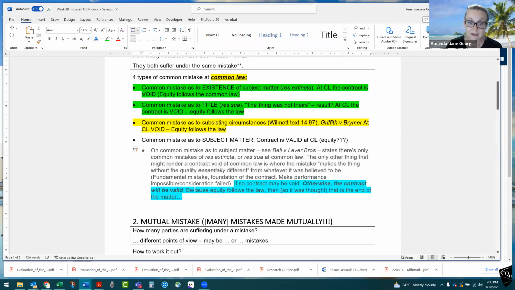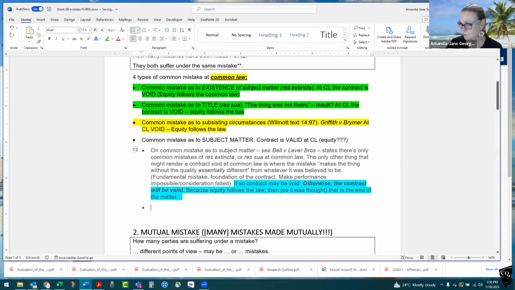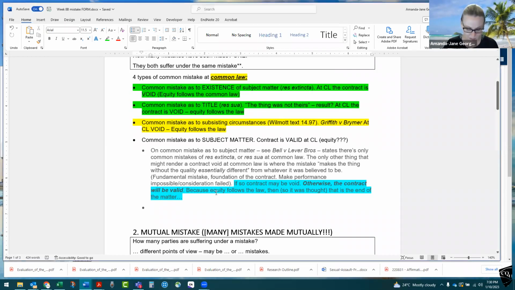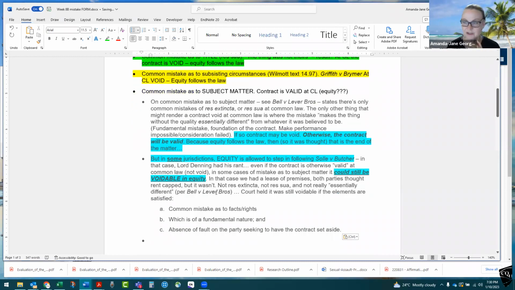Now, then we had a case by the name of Solle v Butcher. Have you folks read any of Lord Denning's judgments yet? Lord Denning was the guru of 20th century decision making in the UK. And he decided Solle v Butcher. And basically he was thumbing his nose at the judges that had decided Bell and Lever Brothers. And he said, well, you know what? That's actually not the case.